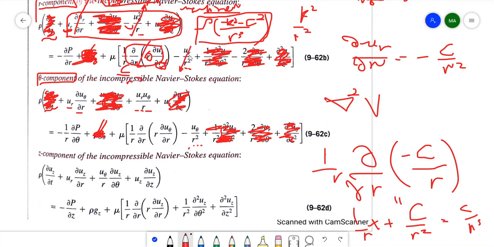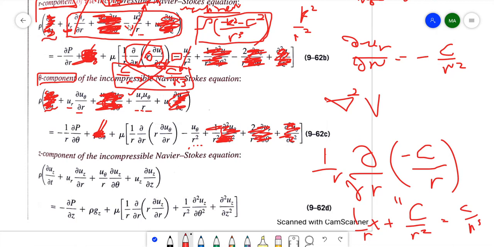Now this is UR, which is again C over R, and then C over R squared, so it is R cubed now. So we will end up with C over R cubed. Here we have a minus, so those both terms cancel each other. So the viscous forces in the R component are 0, or the net viscous forces.